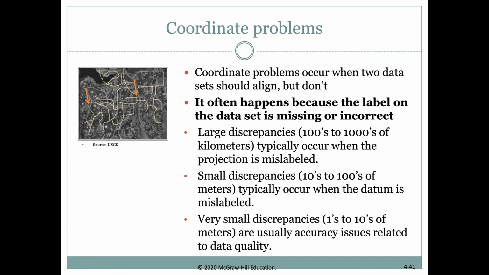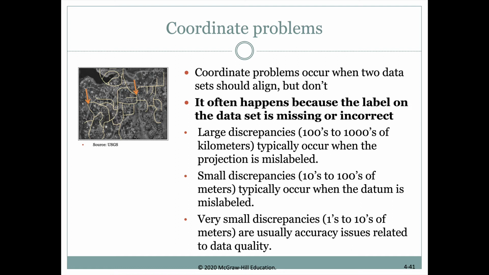So when you do these sorts of projections, some issues can arise. Sometimes there's a very large discrepancy, from hundreds to thousands of kilometers, where one data set is off from another data set. That's usually a problem when a projection is mislabeled. If there's a small discrepancy, like tens to hundreds of meters, that typically occurs when the datum is incorrect.